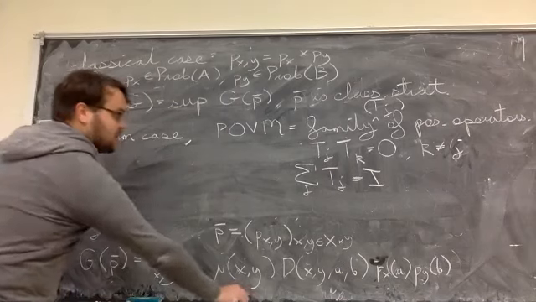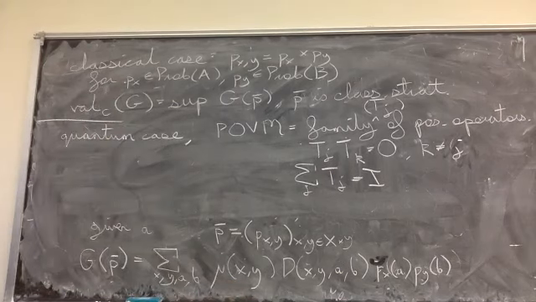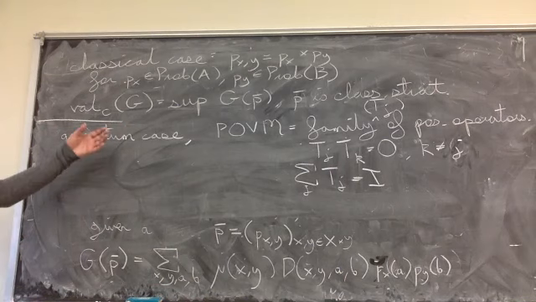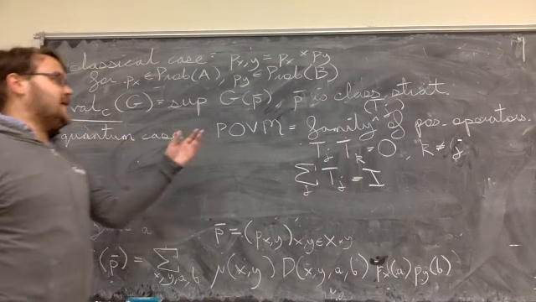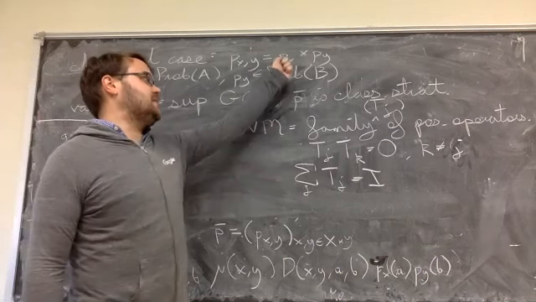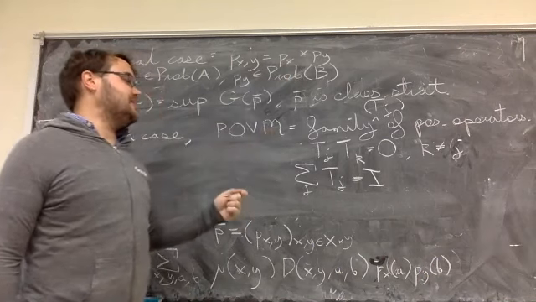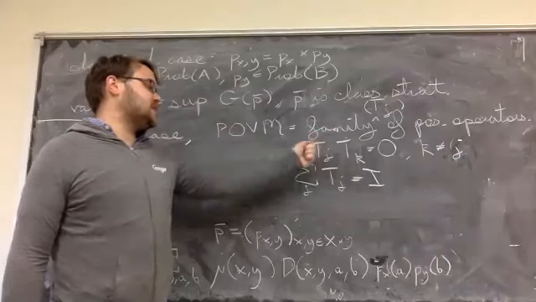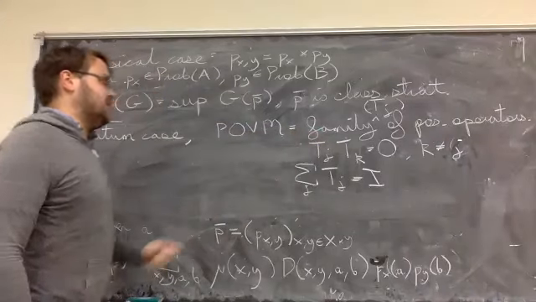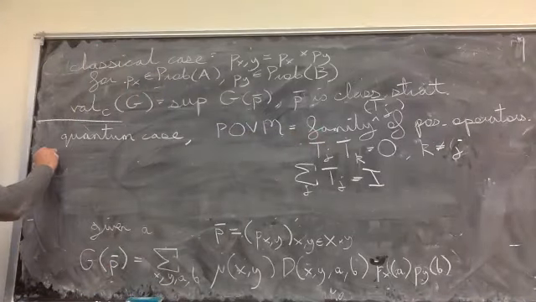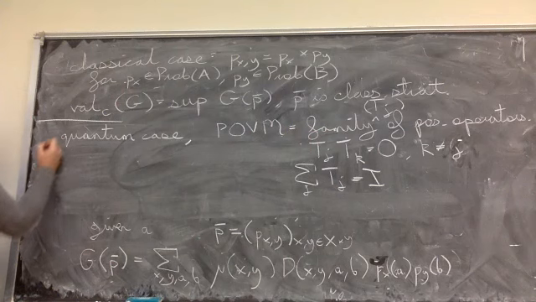And so what we want to do for the quantum strategy is, rather than putting conventional probability measures here, we allow us to construct strategies based on these positive operator valued measures.